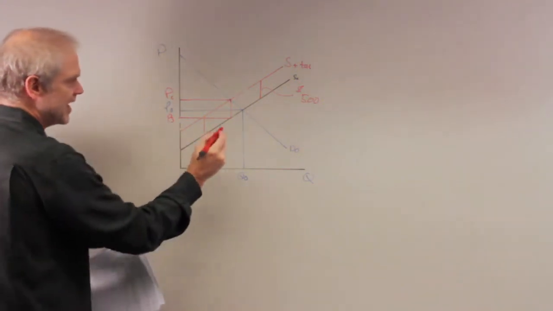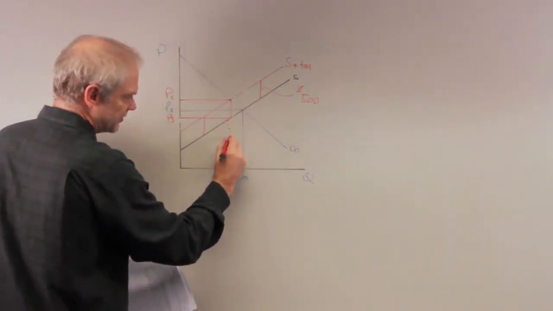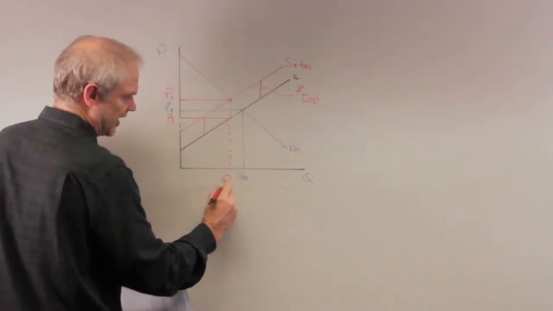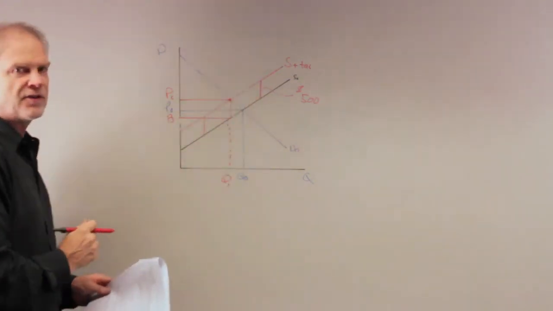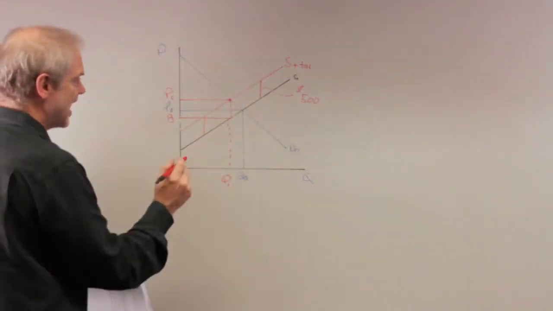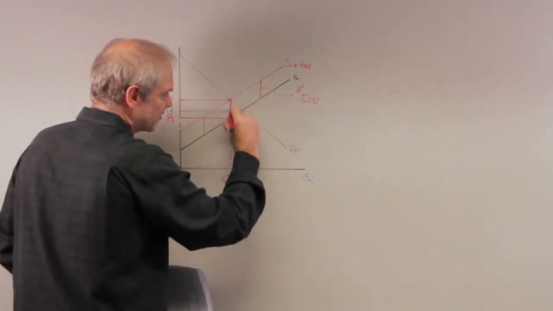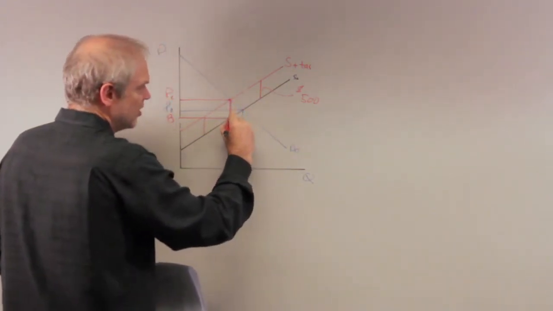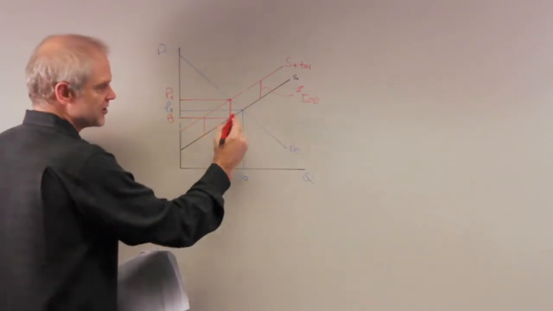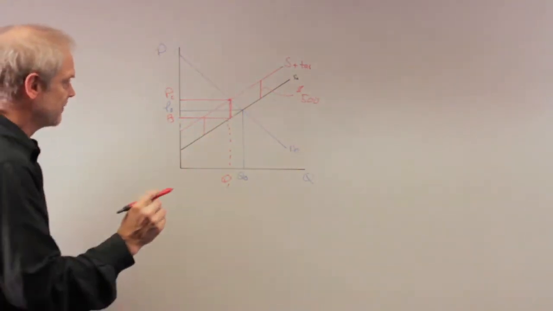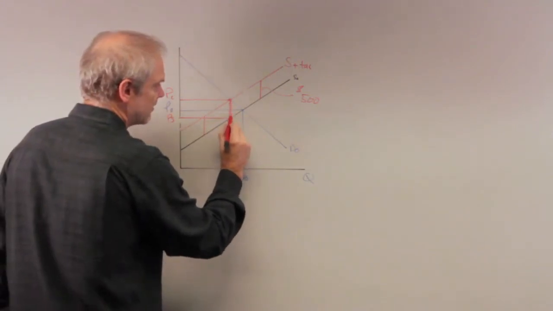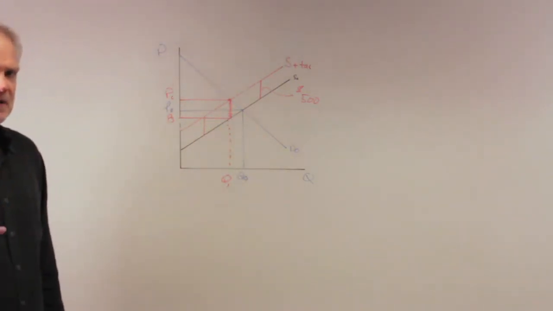What happens is the quantity demanded falls because consumers don't like the higher price, all right? So the price doesn't rise by the entire $500. It rises by less. How much less? Well, this distance right here is $500. So of the $500, this portion right here is the part that's paid by consumers. And this portion right here is the portion of the tax paid by the sellers.